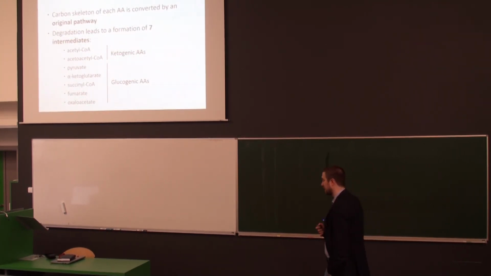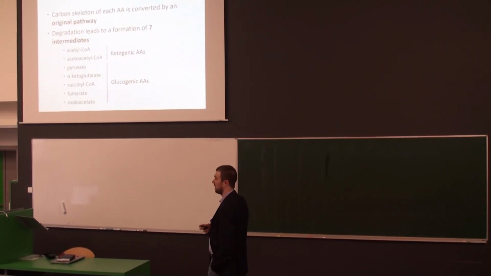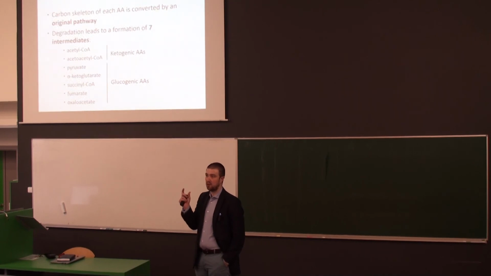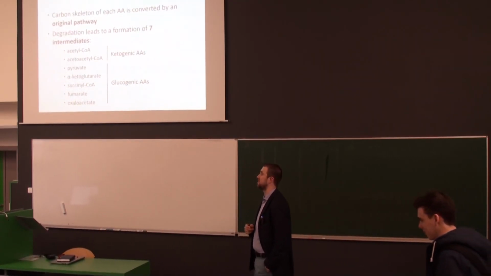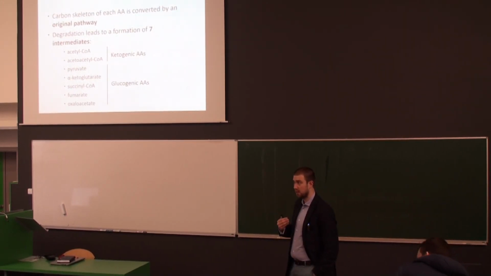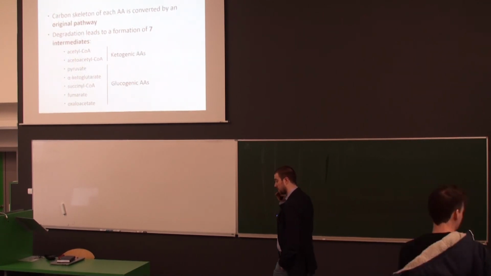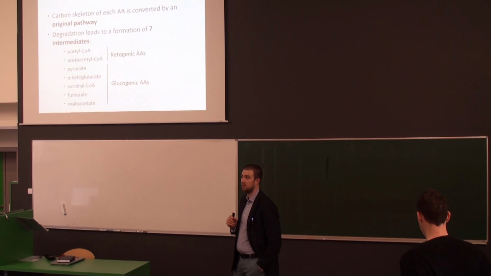First, what's good to say is that each amino acid has its own individual pathway. Some pathways are long, some pathways are short, but for each you can define some individual enzymes. As a result, you will produce these 7 intermediates for all amino acids.